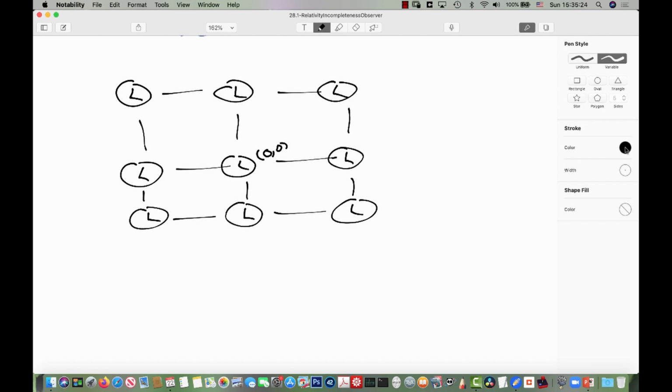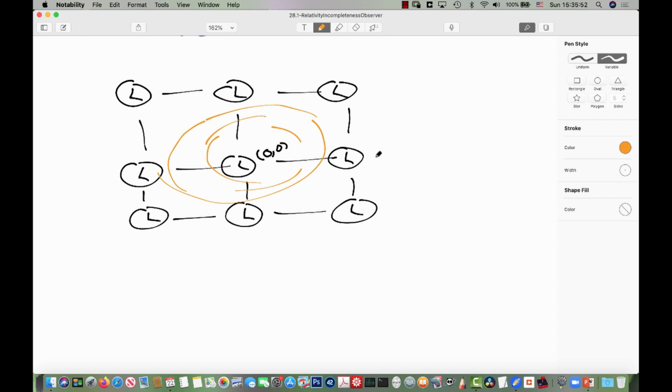When they light off that firecracker, light will propagate out in all directions. The leprechauns sitting at all the other clocks have already pre-computed how long it will take light to travel from the master control clock to the clock that they're sitting in front of.